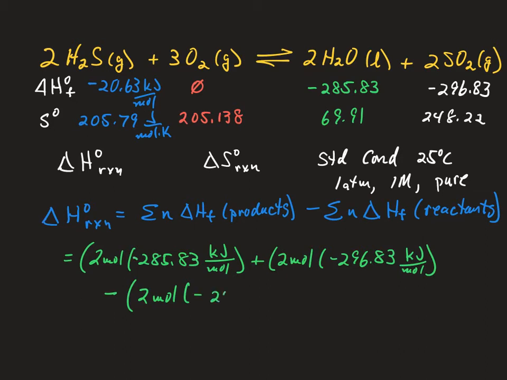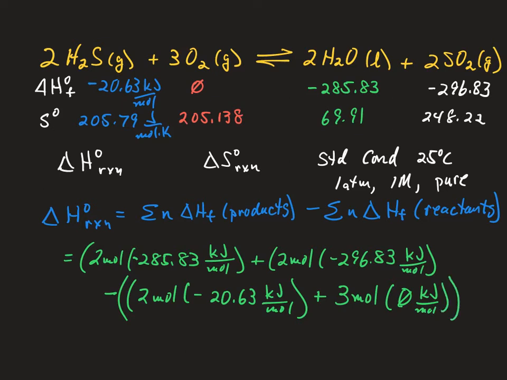Minus 2 moles times negative 20.63 kilojoules per mole, plus 3 moles, but since it is an element, it's 0 kilojoules per mole. The heat of formation for elements is 0.